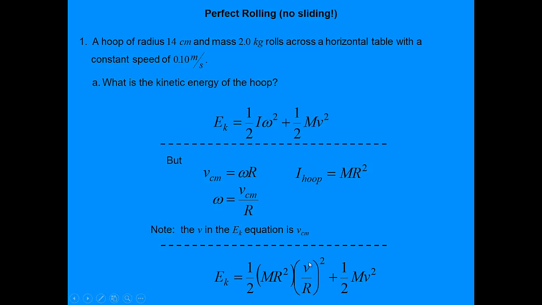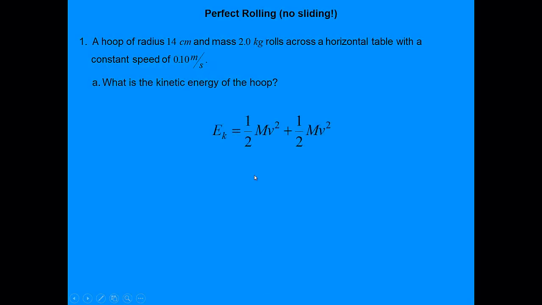If we square this part, notice that the r squared on the bottom will cancel out with the r squared on the top. And so that leaves us with 1/2 mv squared plus 1/2 mv squared. Now you can combine the like terms. And of course you get mv squared.